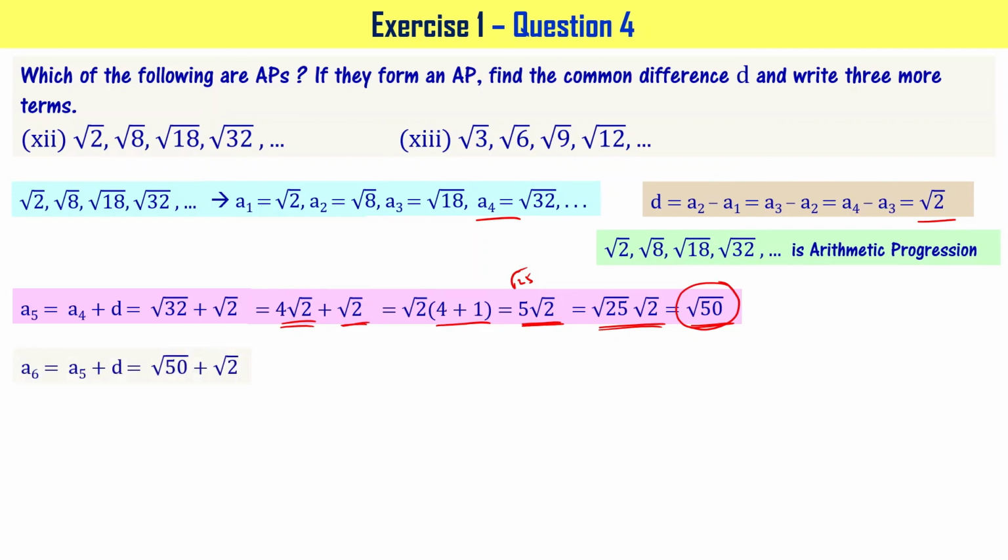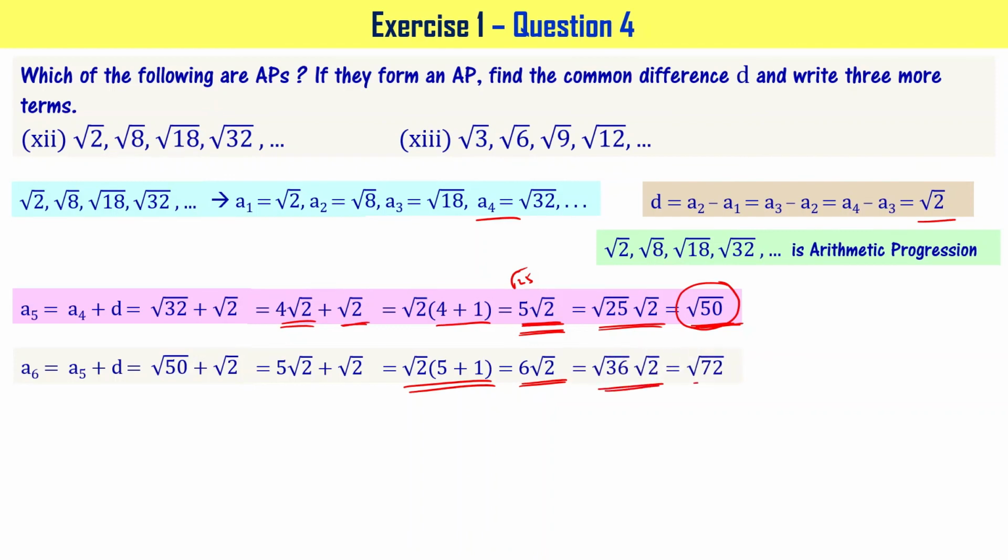Now, once you have A5 as square root of 50, what is A6? A6 is square root of 50 plus root 2, right? We know square root of 50 is 5 root 2. Let me write that: 5 root 2 plus root 2. This can be written as root 2 times (5 plus 1), that is 6 root 2. That can be written as square root of 36 times square root of 2, that is equal to square root of 72.